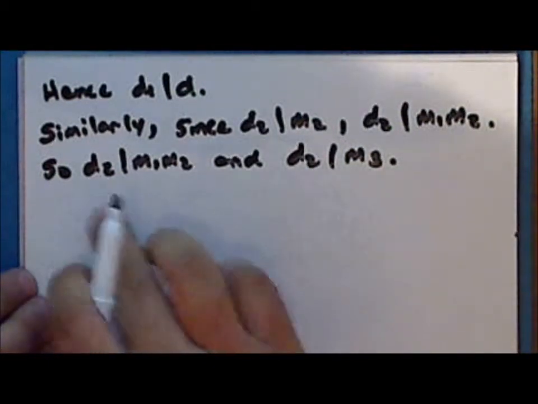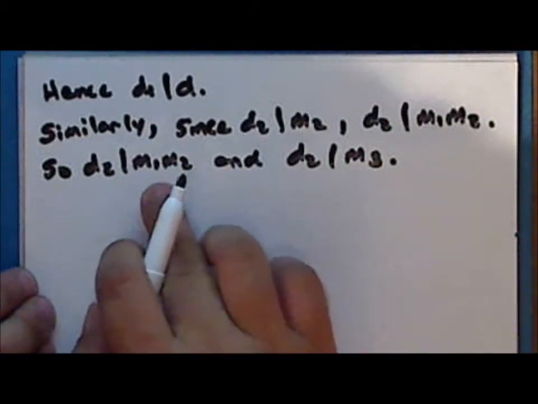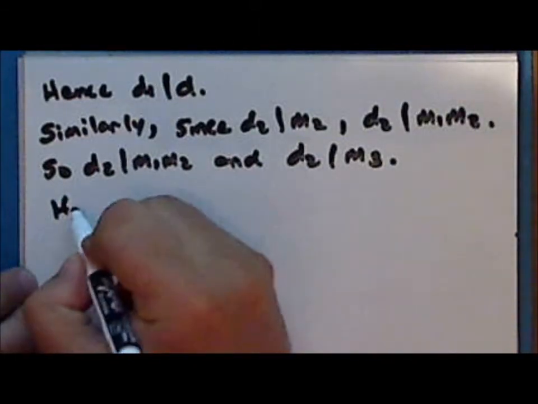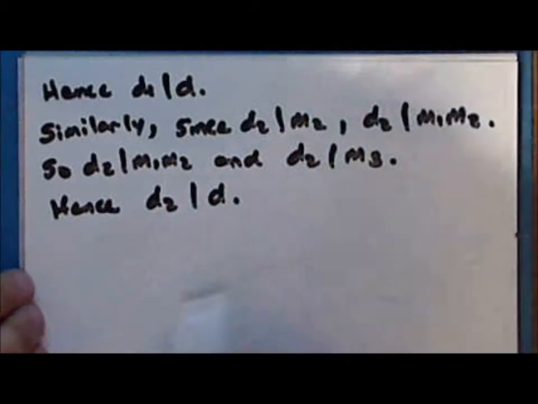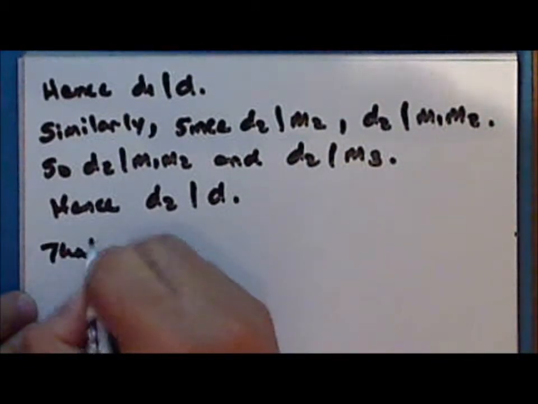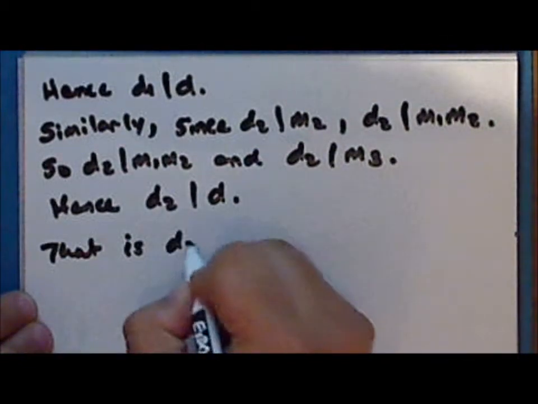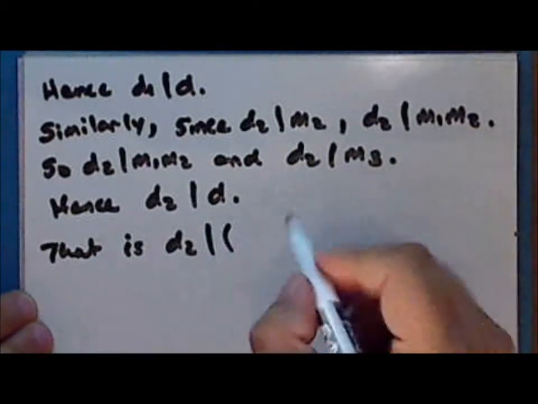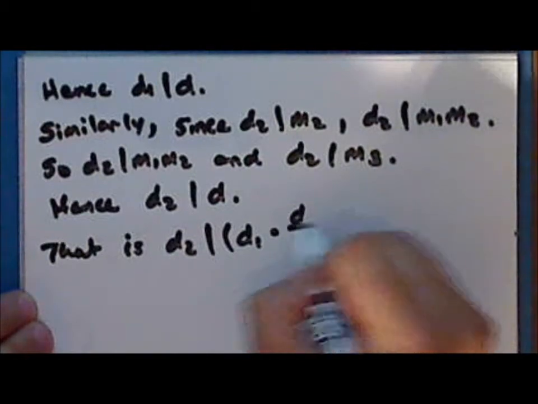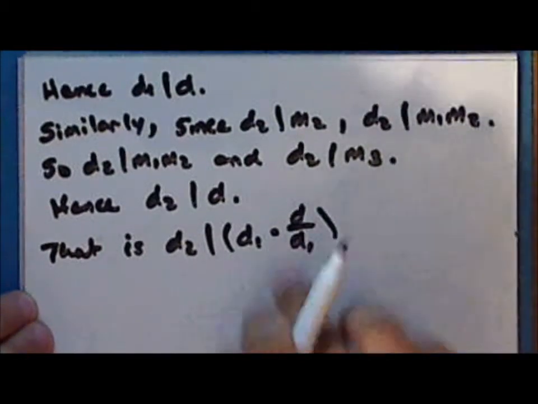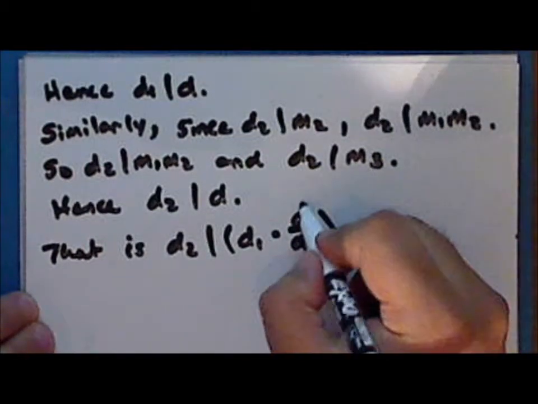So once again, d sub 2 divides any linear combination of these two integers. In particular, d sub 2 divides d. That is, d sub 2 divides d sub 1 times d over d sub 1, which is an integer, as d sub 1 divides d.